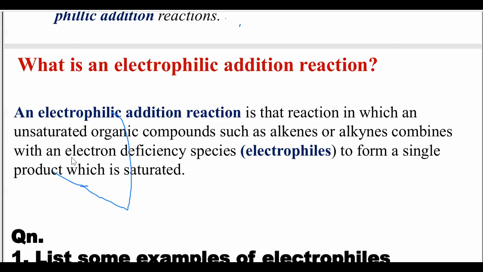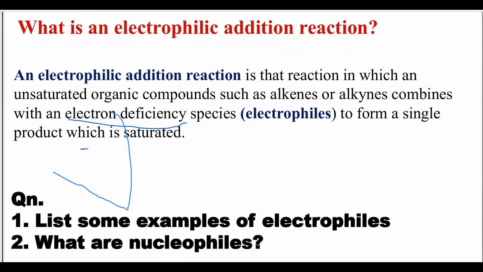Which is almost the same as what you gave us, only that you added another key point, that during electrophilic addition reaction there is no loss of any atom or molecule. Thank you very much. Now let us look at the list: can you list some examples of electrophiles and examples of nucleophiles, and also understand what nucleophiles are.